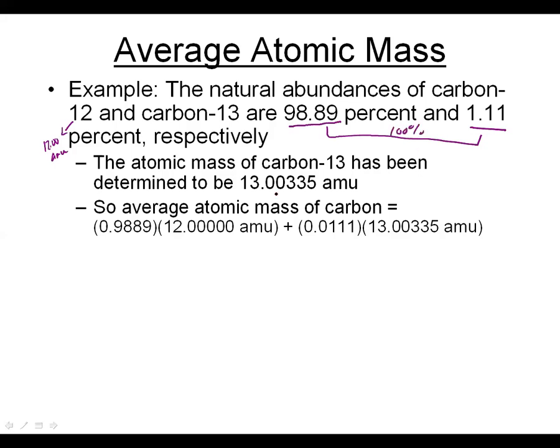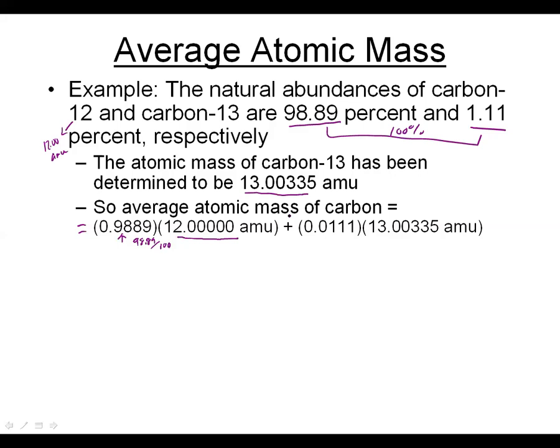So here's the mass of the carbon-13. So basically to calculate it is what we were just talking about. This right here is 98.89% converted into a decimal. So you could either divide it by 100 or just move the decimal 2 places to the left, times the atomic mass of the first isotope, which is 12.